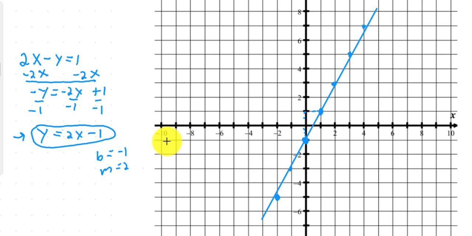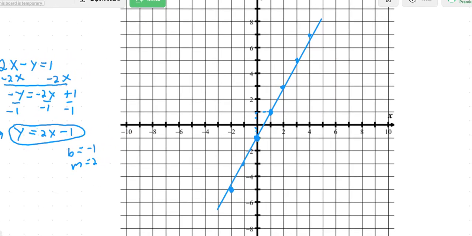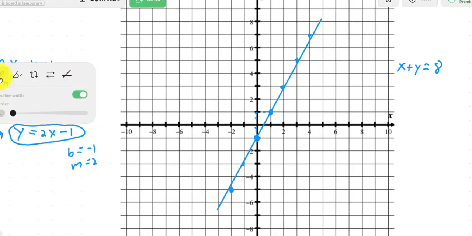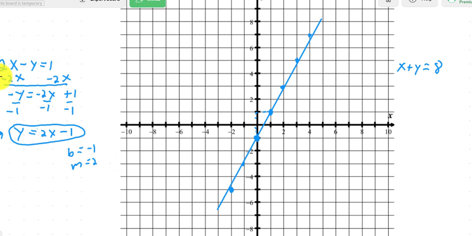All right, so that was the first equation. The second equation was x plus y equals 8. So I'm going to write this on the other side of my graph. To put it in slope-intercept form, if I subtract x from both sides, I'm left with y equals negative x plus 8. So my m is negative 1 and my b is positive 8.